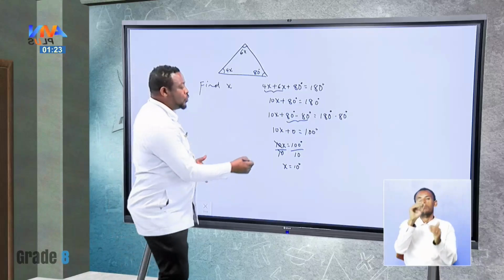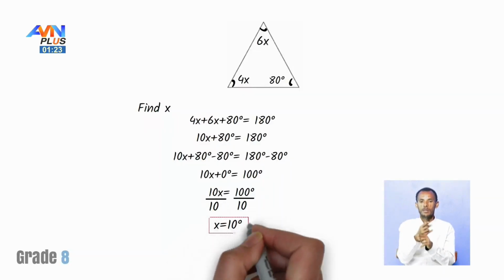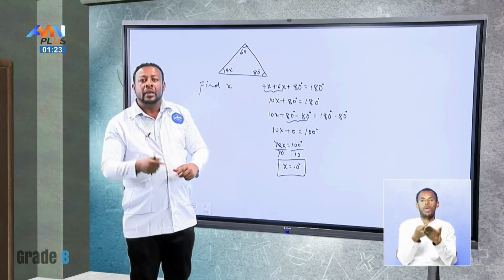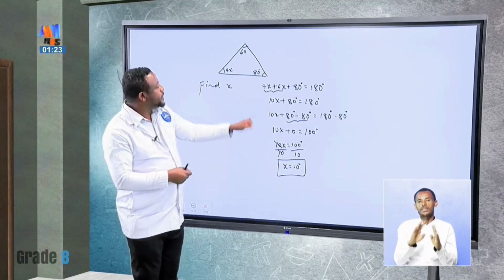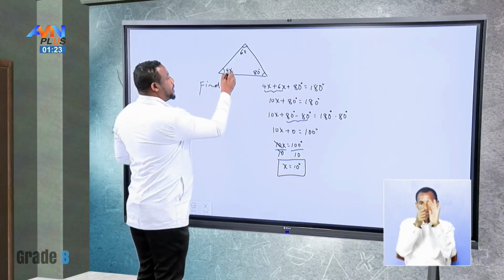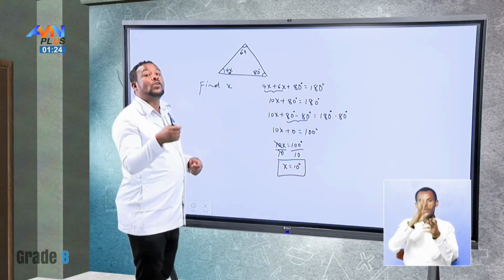Look, you can check whether your answer is correct or not by substituting the x value here, right? Come on, let's substitute x in each of the angles. For example, here, 4 times x, okay, 4 times 10 is 40 degrees.